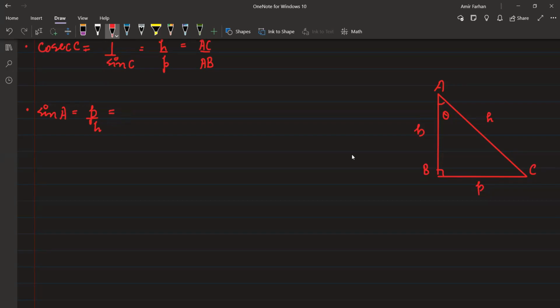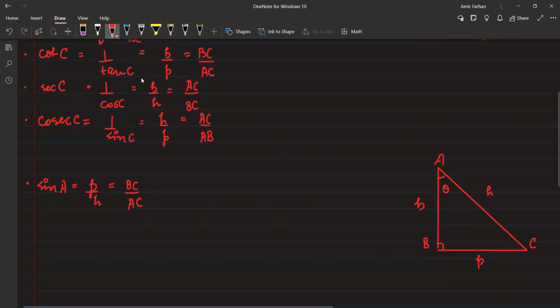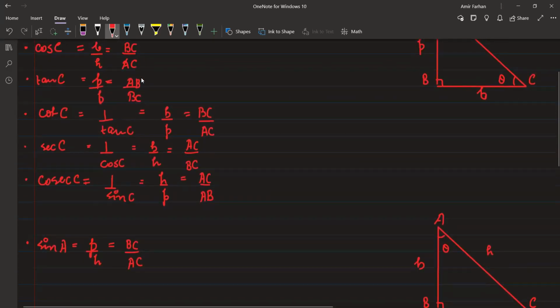Not AB, it's BC. Basically, the side opposite to theta is nothing but your perpendicular. Clear? So it is BC upon hypotenuse AC. Now compare this. The value of sine A and cos C are matching. Yes or no? It means that your sine will become cos if you change the angle.